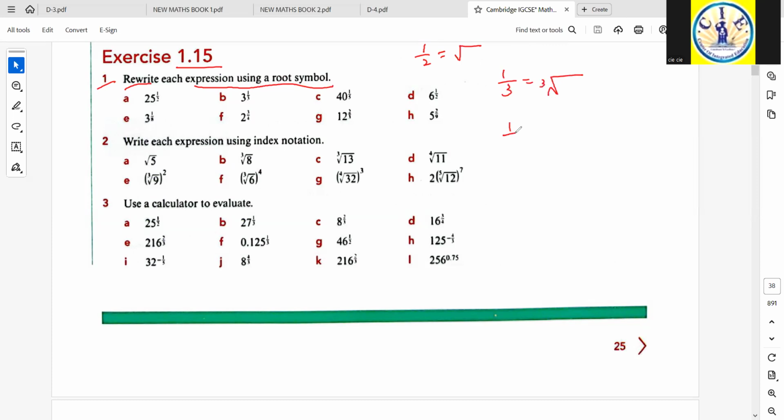1 by 4 is the value of fourth root. And similarly, so on. 1 by n is the value of nth root.